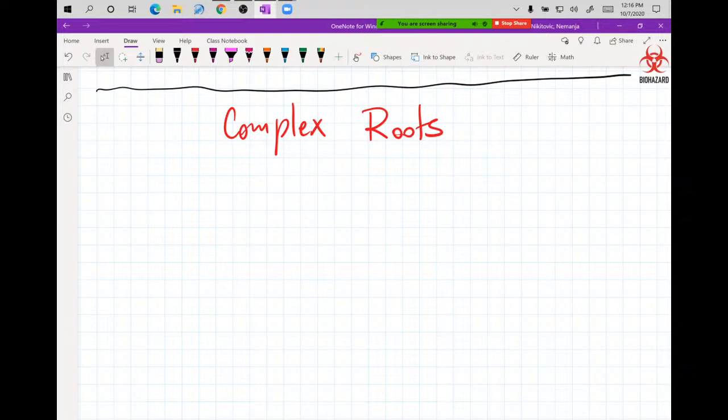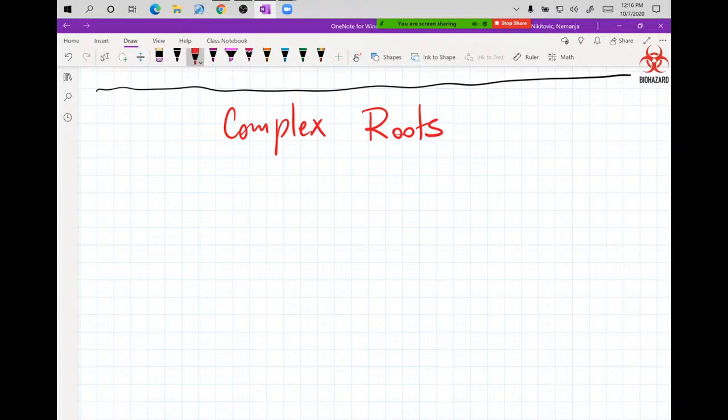So now we want to see what happens if we have complex roots. For complex roots, we are going to have trig take over for our solutions.